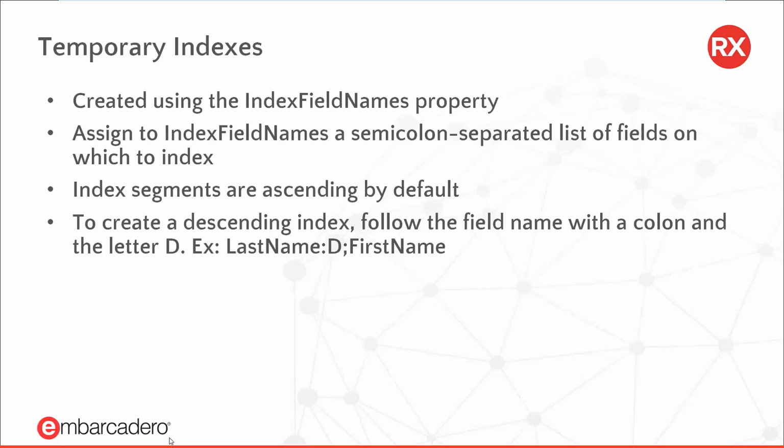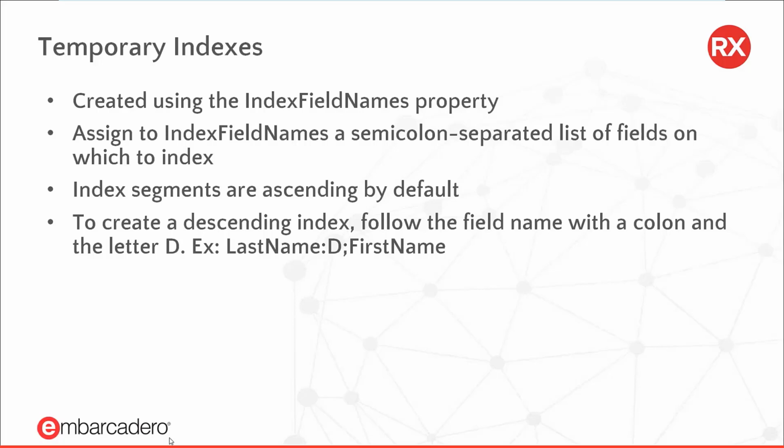Now there are 2 general types of indexes, and it's interesting with FireDAC, the concept of a temporary index doesn't really hold true for FireDAC datasets as much as it did for the client dataset. In the client dataset, we referred to indexes created using the IndexFieldNames property as temporary indexes because they only existed as long as the IndexFieldNames property was set.